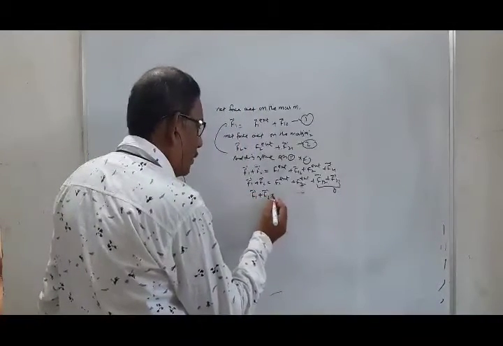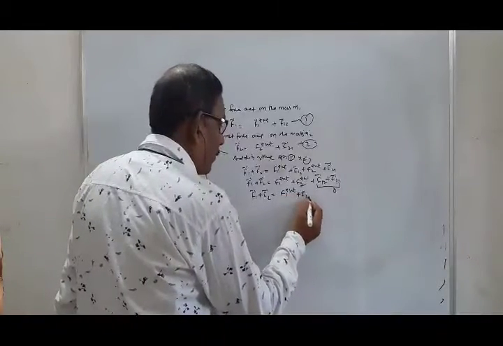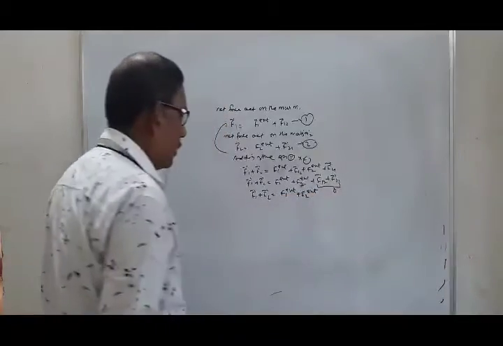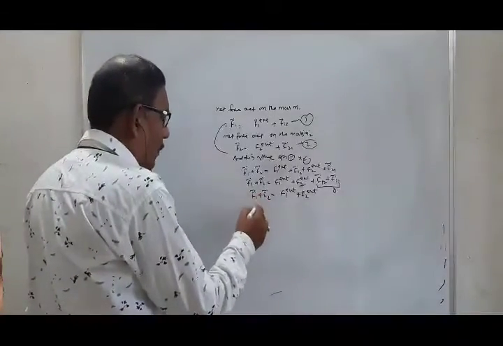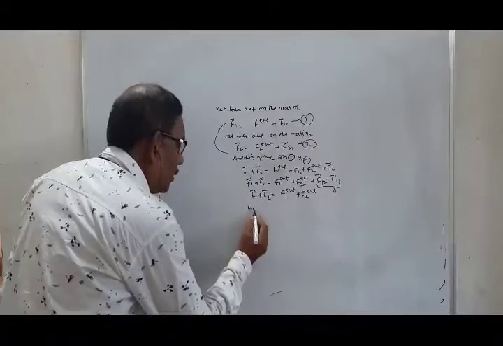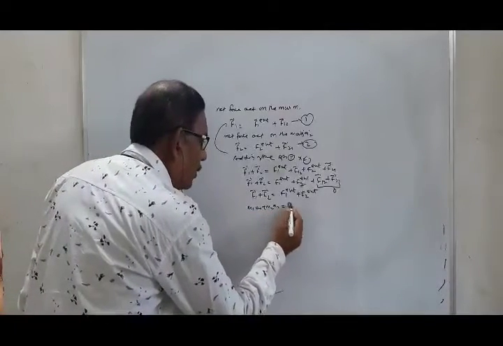After that, the equation becomes like this. Here, F1 and F2 are M1 A1 and M2 A2.